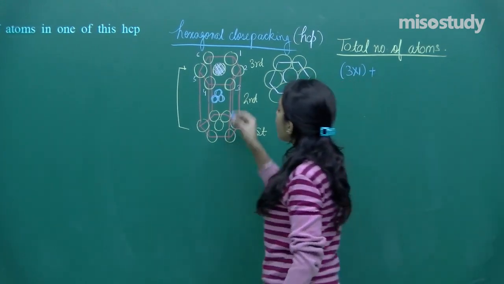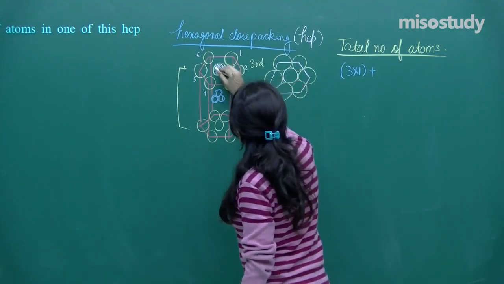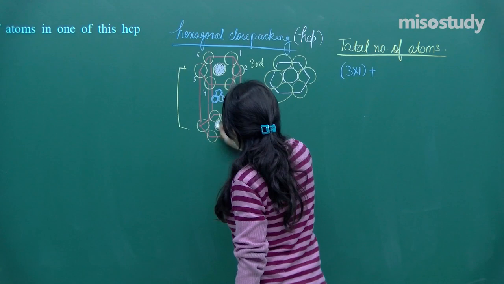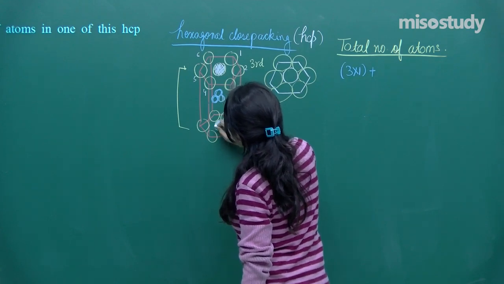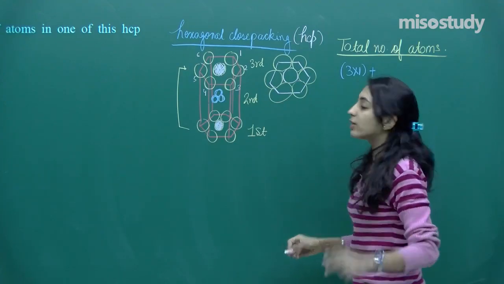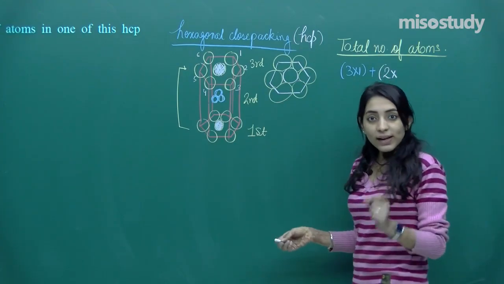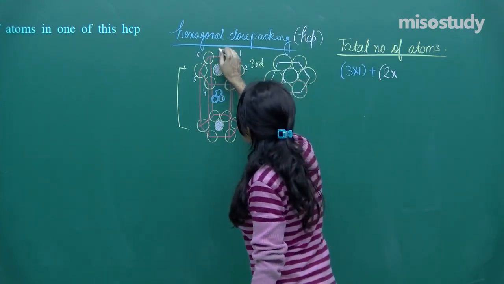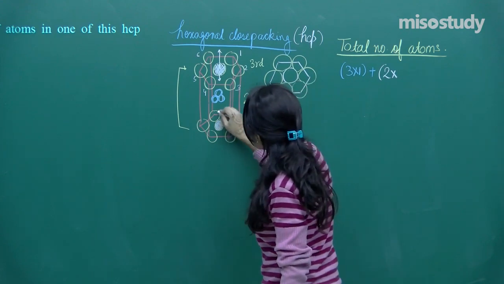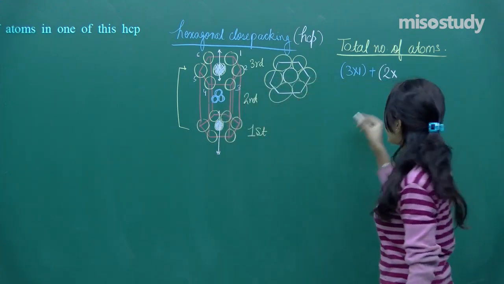Moving further, can you see this atom, the one which I am coloring in white? This atom and a similar atom like this. So there are 2 such white atoms. And each such white atom is being shared by 2 unit cells. One on the top, one is the same one, and here also one is the same one at the bottom. So the contribution is 1/2.